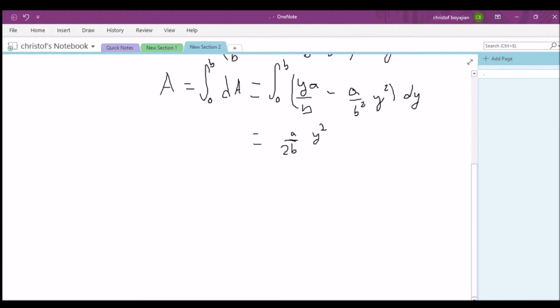So this should be a over 2b times y squared minus a over 3b squared times y cubed.